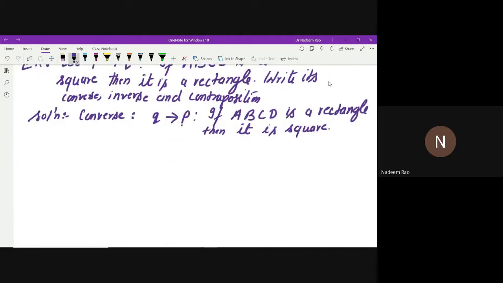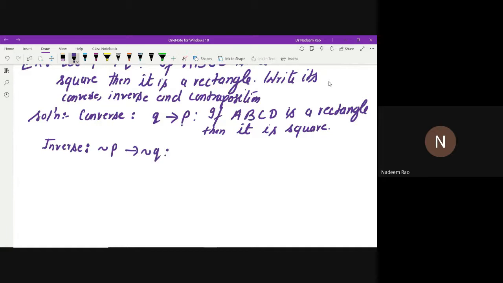Now, what about the inverse? So, inverse is negation of P implies negation of Q. What does it mean?